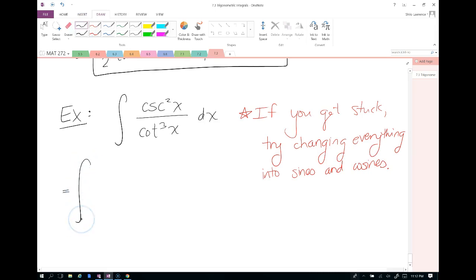So we need to remember from trigonometry that cosecant is 1 over sine. So that's how I'm going to rewrite my numerator. And then cotangent is cosine over sine. And instead of having a fraction divided by another fraction, to simplify this, we will flip and multiply.